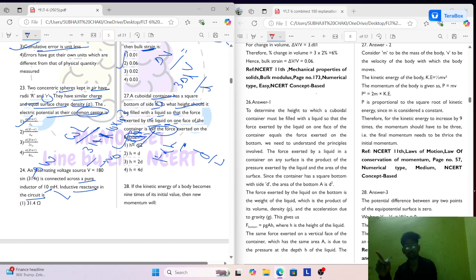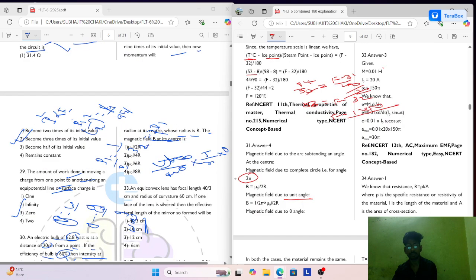The magnetic field at the unit angle will be 1 by 2 pi, 2 mu naught I by 2r. Just put the values here: theta by 2 pi into mu naught I by 2r, as I told you. Put the value theta equal to pi by 2, not 2 pi. Sorry, this is pi by 2. Just put the value and what you will get is mu naught I by 8 r.